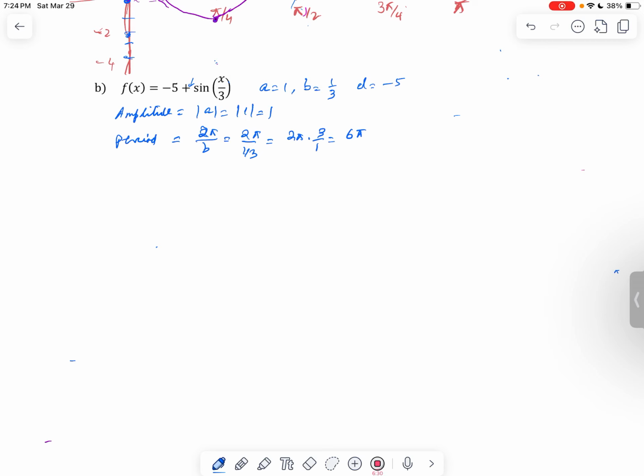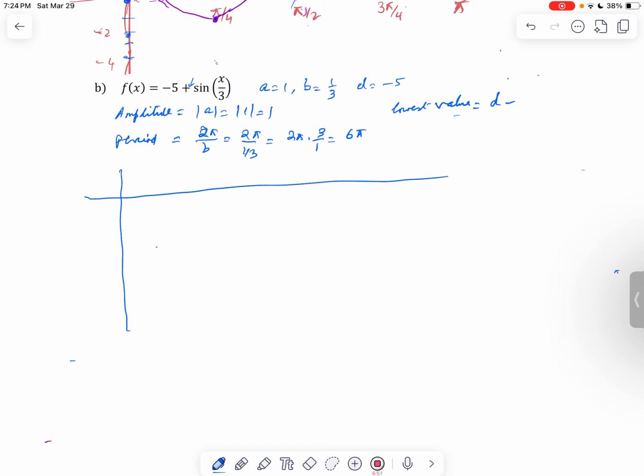So when I draw my axes, I have to put the y-axis up here. So what is the highest value and the lowest value? The lowest value will be equal to D minus amplitude.